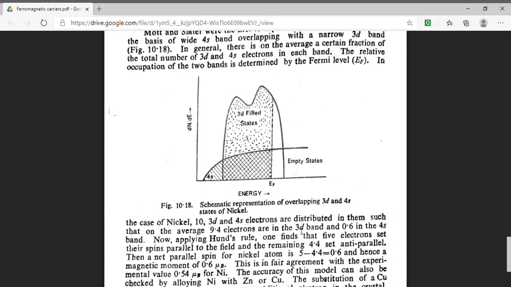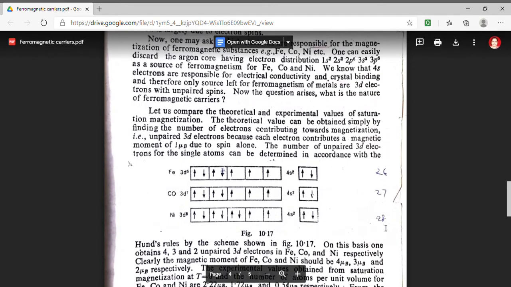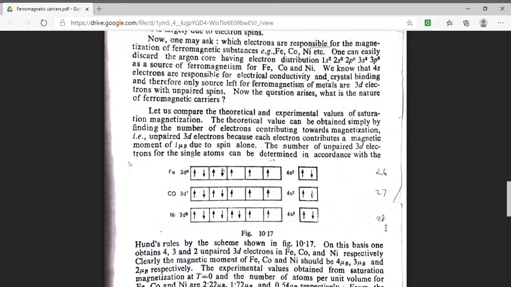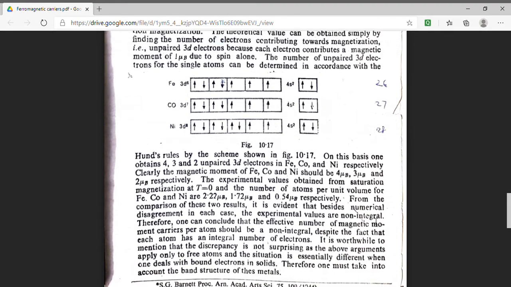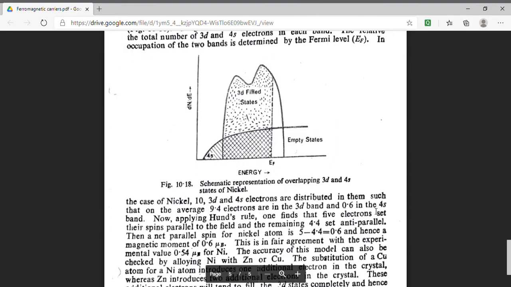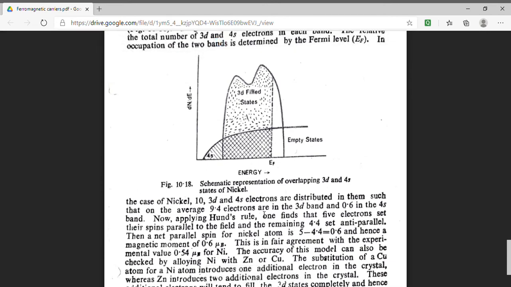And due to overlapping, in the case of nickel, as we have shown, there are 28 electrons. Out of these 28, 18 occupy the inner shells which form an argon core. Thus we are left with 10 electrons which will occupy the 3d and 4s shells. Hence in nickel, 9.4 electrons are distributed in the 3d shell, and the remaining 0.6 electrons from 10 are in the 4s band, and occupation takes place according to Hund rule.